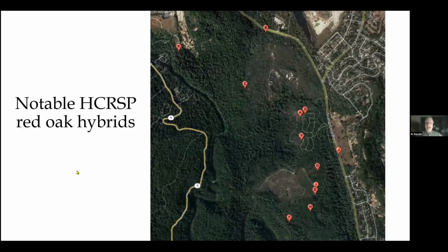So let's look at the most notable and interesting to me oaks at Henry Cowell Redwood State Park, and these are the hybrids, and they're few and far between. This is a map showing where they are, they're plotted. In the center there, you'll see ADV, that's the campground.